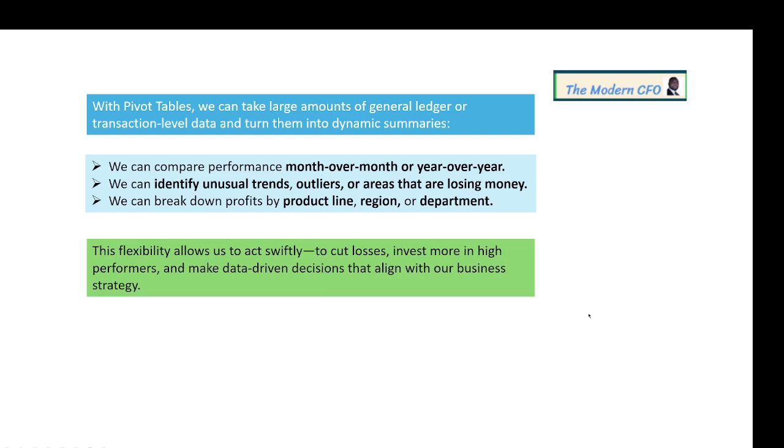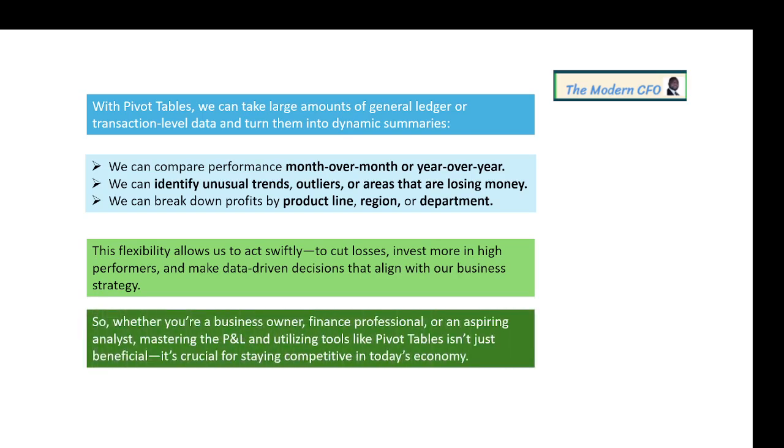We can also use this to make data-driven decisions in order to align with our business strategy. Whether you are a business owner, finance professional, or aspiring analyst, mastering P&L using a pivot table is just a starting point, and it will allow you to stay competitive in today's economy.